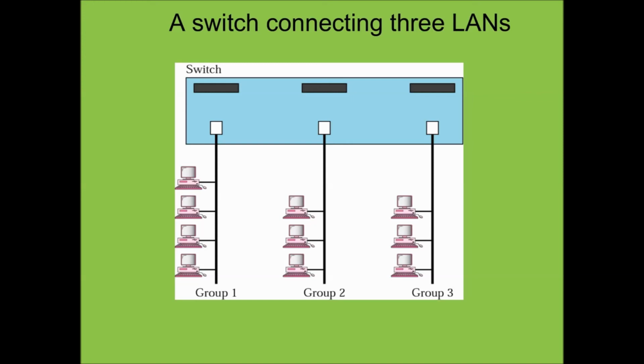Over here you can see three different groups. Group 1 contains 4 computers, group 2 contains 3 computers, and group 3 contains 3 computers as well. These 10 computers are directly connected to a single switch, but they are logically divided into 3 groups instead of a single local area network.